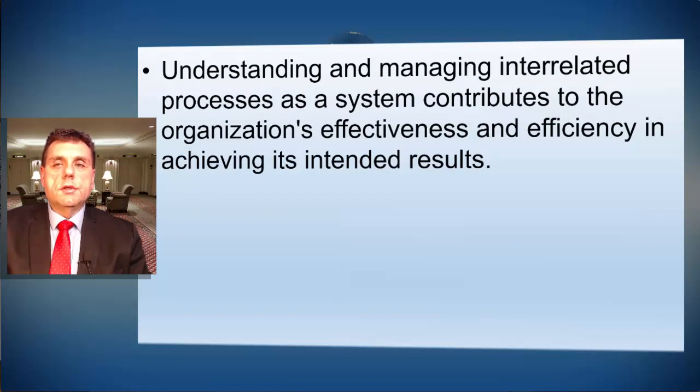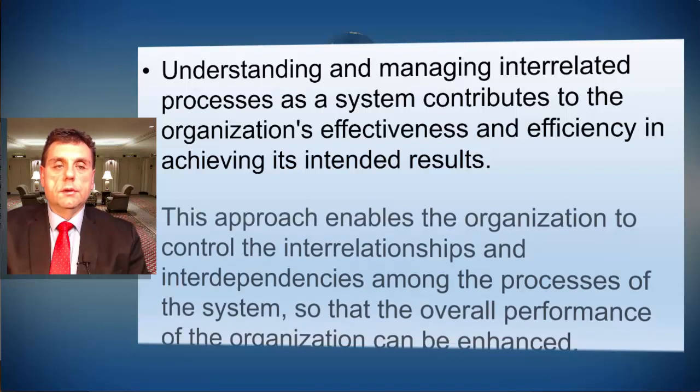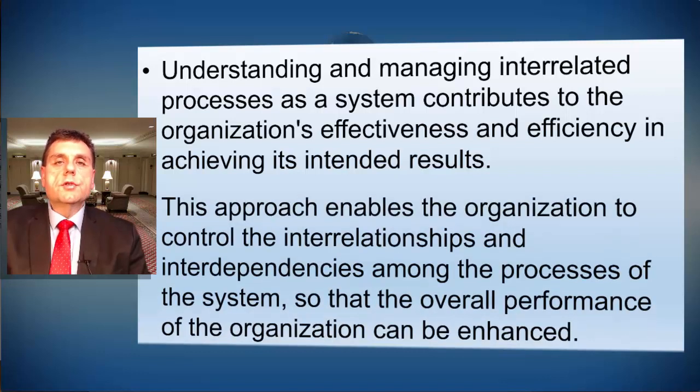Understanding and managing interrelated processes as a system contributes to the organization's effectiveness and efficiency in achieving its intended results. This approach enables the organization to control the interrelationships and interdependencies among the processes of the system so that the overall performance of the organization can be enhanced.